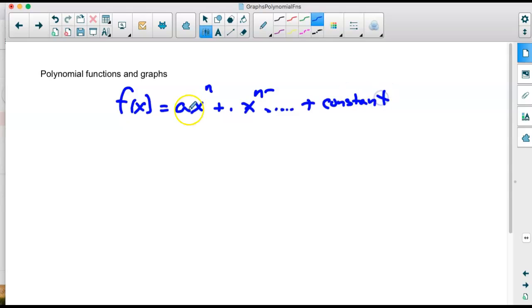The lead term, basically the highest power, determines what the polynomial function looks like. And this value of a is also going to help us in determining that look.